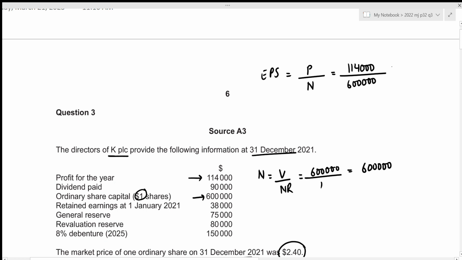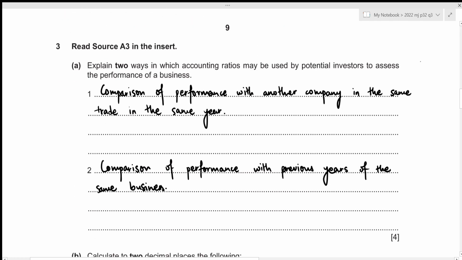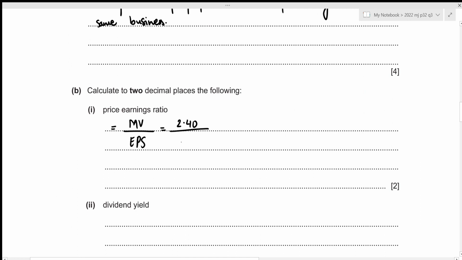Now the earnings per share will be 114,000 divided by 600,000, which results in 0.19. Let's write it down. Now the price earnings ratio is 2.40 divided by 0.19, which results in 12.63.